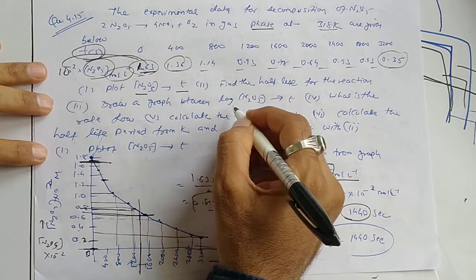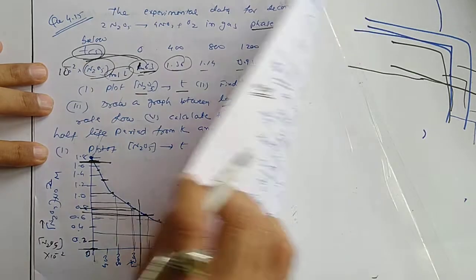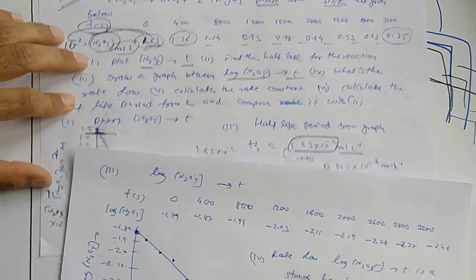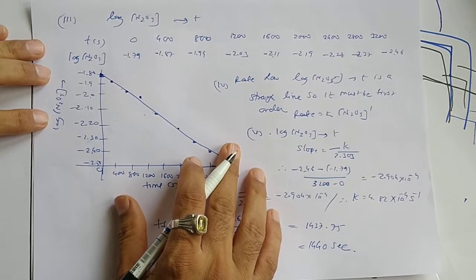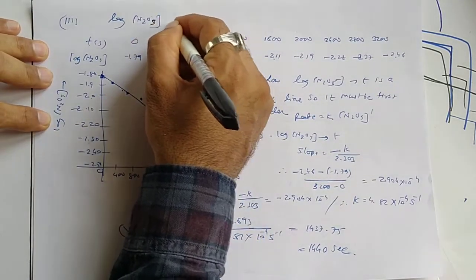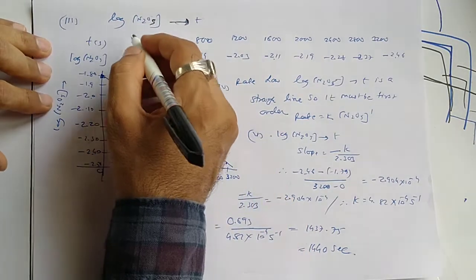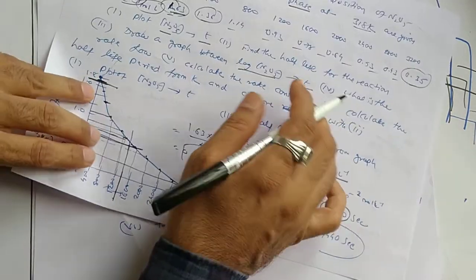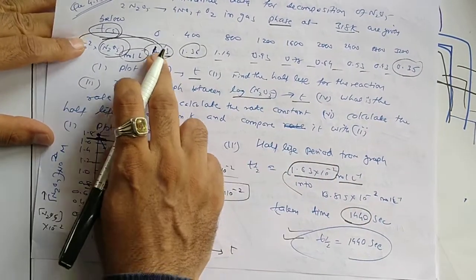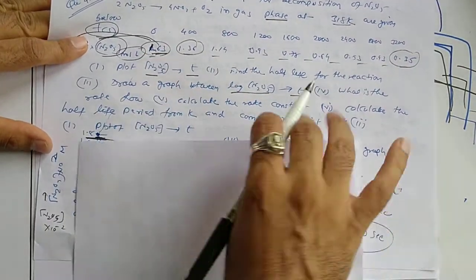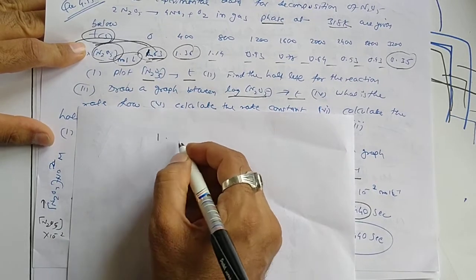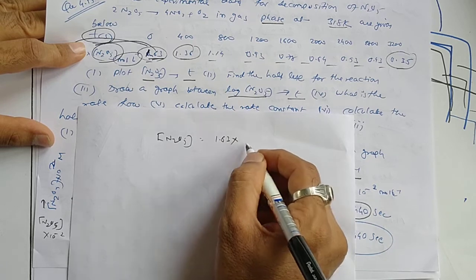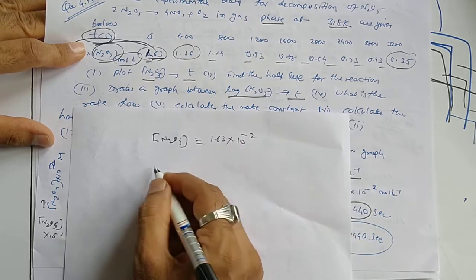Draw a graph between log N2O5 versus T. Log N2O5 versus T. Yes. So here is the value of N2O5, 1.63 into 10 raised to minus 2.